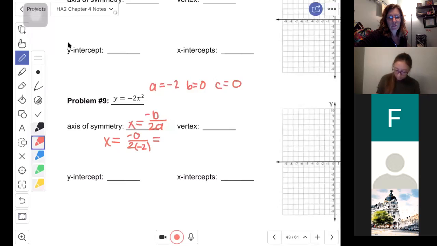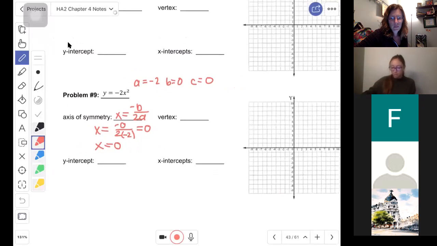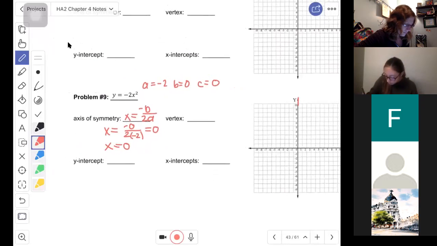So our axis of symmetry here is x equals 0. The axis of symmetry is not just 0. It's x equals 0. So then I'm automatically going to go over to my graph and show that dashed line at x equals 0.